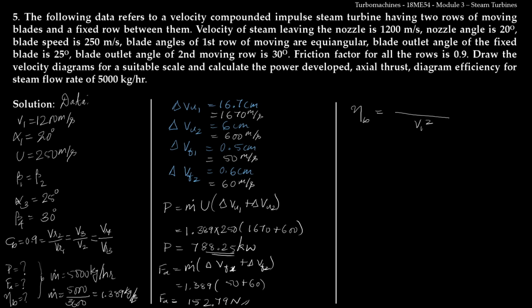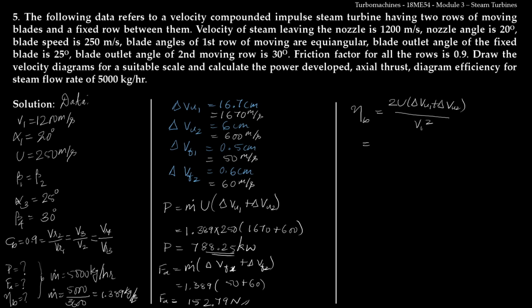So it is V1 square by 2, that is the input kinetic energy, and the output energy is U into delta VU1 plus delta VU2. So this 2 can be written in the numerator. So the equation for the blade efficiency, or in this case the diagram efficiency, is 2 into U into delta VU1 plus delta VU2 divided by V1 square.